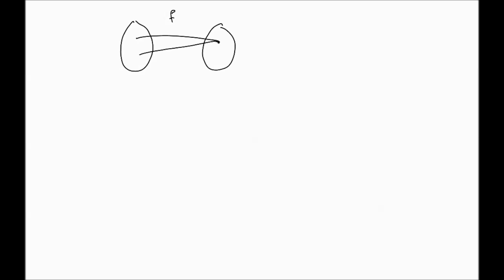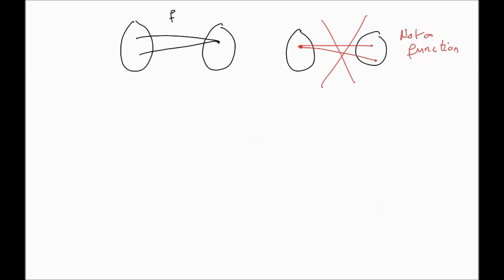In other words, let me show you in a different diagram. Let's change the color. So, for instance, you can't have this happening. You can't have the same value mapped to 2 different values. Okay, this is not allowed. This is not a function.